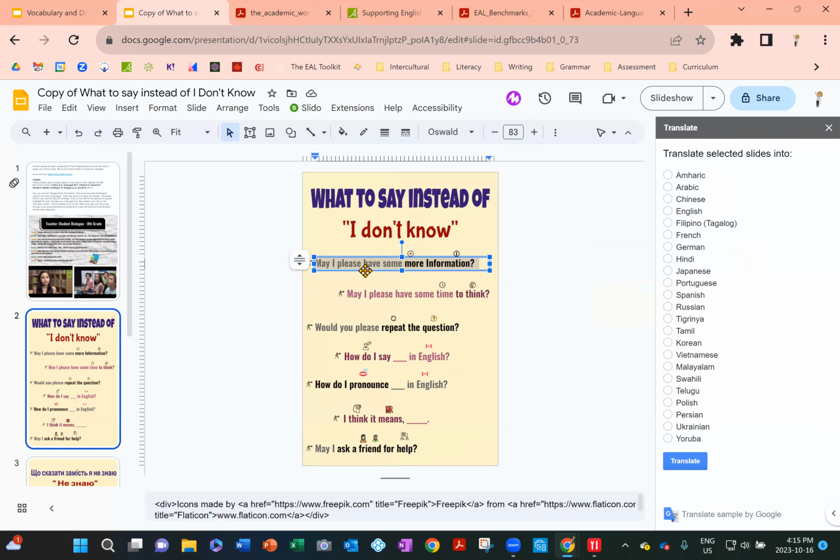So you may have this big poster up in your classroom, but you may have other students who speak other languages in your classroom, and making something comprehensible for them, like, okay, I'll translate it. Maybe it's not the best perfect translation, but maybe I translate it into German. And so then it says, könnte ich bitte weitere Informationen haben?